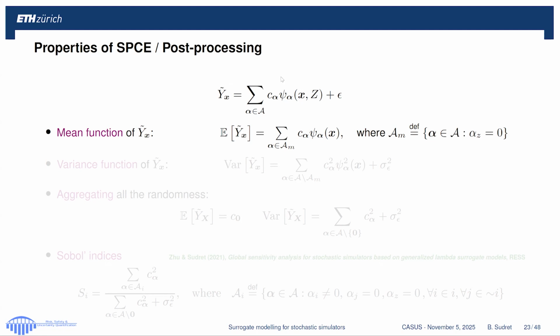Namely, the C0 coefficient is in fact the mean value of that function as a function of x. The variance is the sum of the squares of the coefficients, and then we can also derive sensitivity indices.